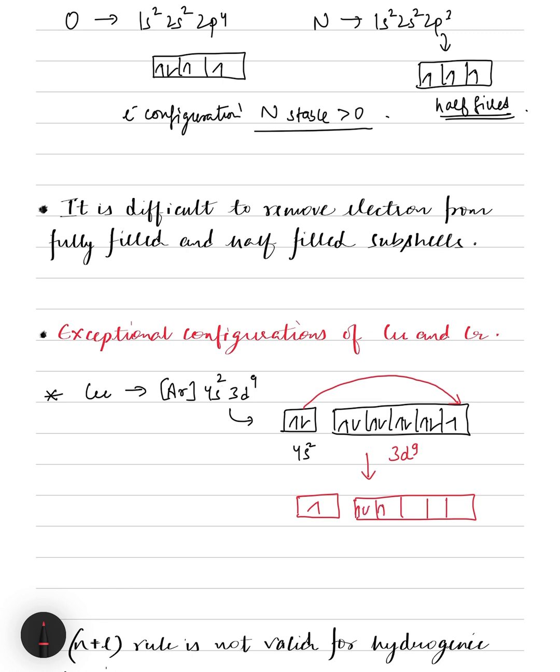In this configuration, 4s is half filled and 3d is fully filled, and because of this both are highly stable compared to the above configuration, where 3d9 was neither half filled nor fully filled, so it was less stable. Therefore, copper attains the configuration 4s1 3d10, right?